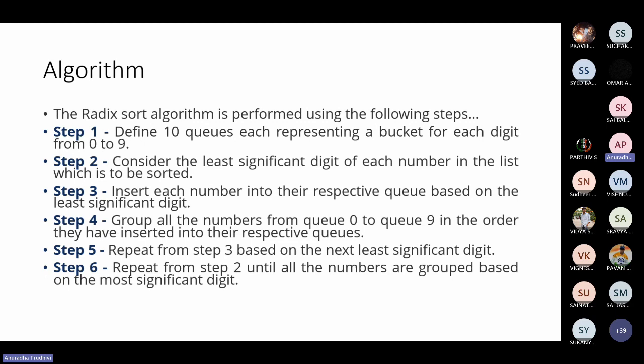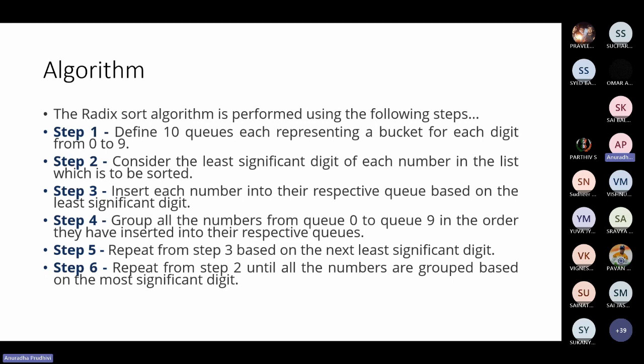First we have to consider the least significant digit, and store the number in a bucket or queue. Next, insert each number into its respective queue based on the least significant digit.